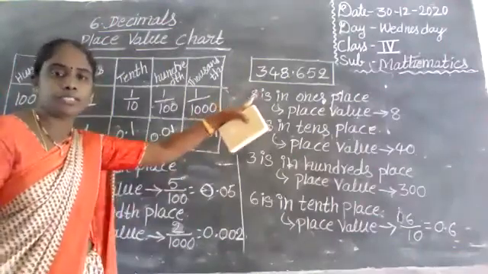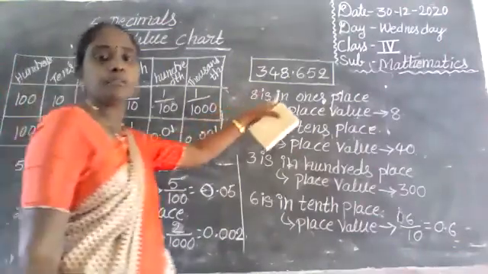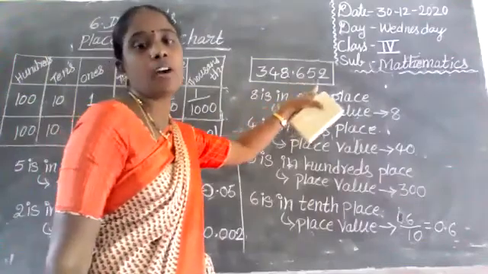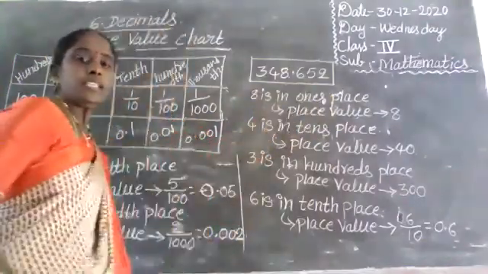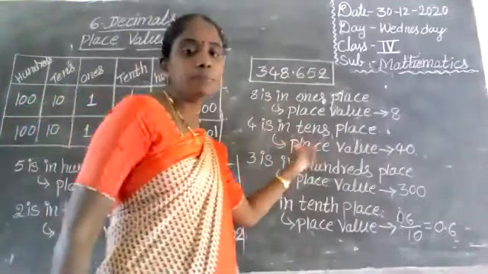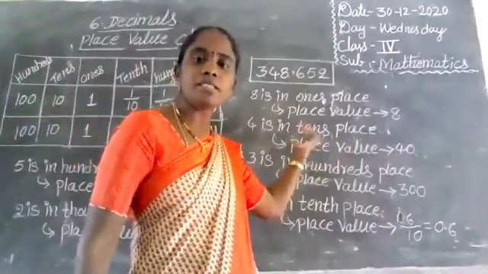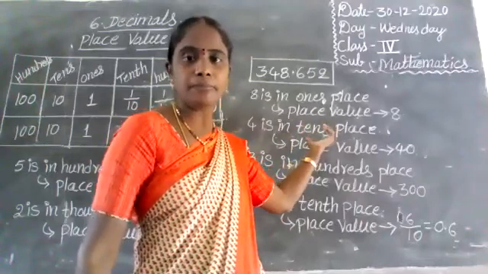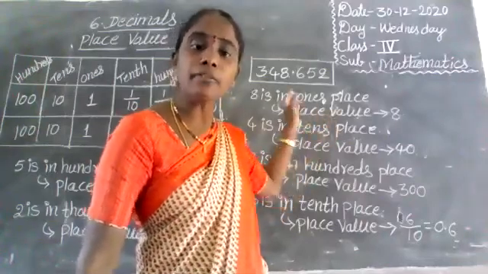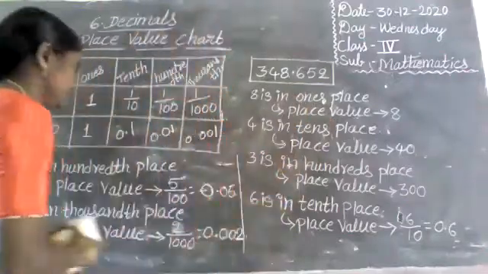Now, for the number 348.652, how can we write the expanded form? I said here only place and place value. Which place is that? What is the place value of the number?